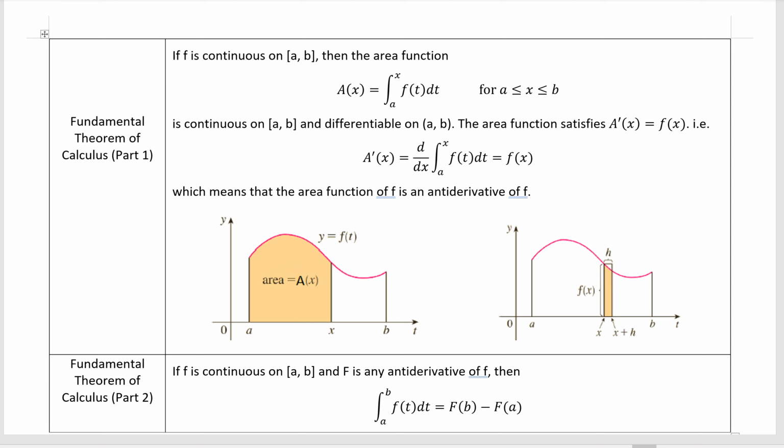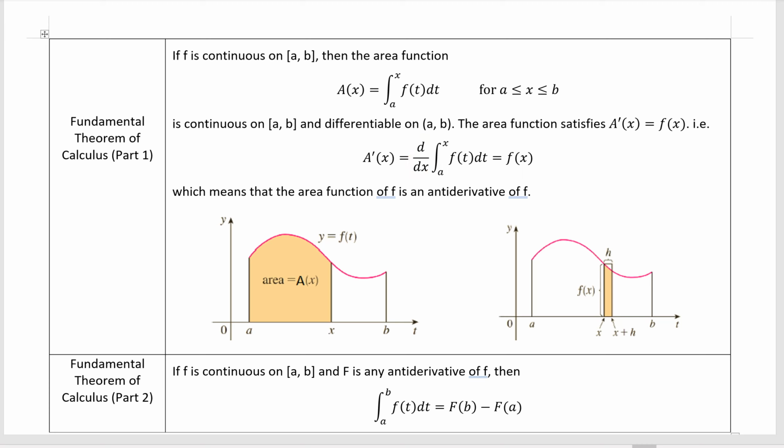The area function satisfies that the derivative of A equals f evaluated at x. I.e., the derivative of A with respect to x, which is d/dx of the definite integral from a to x of f of t dt, equals f of x.